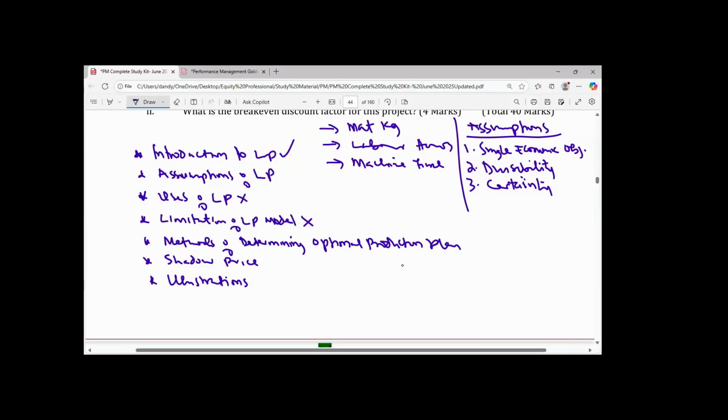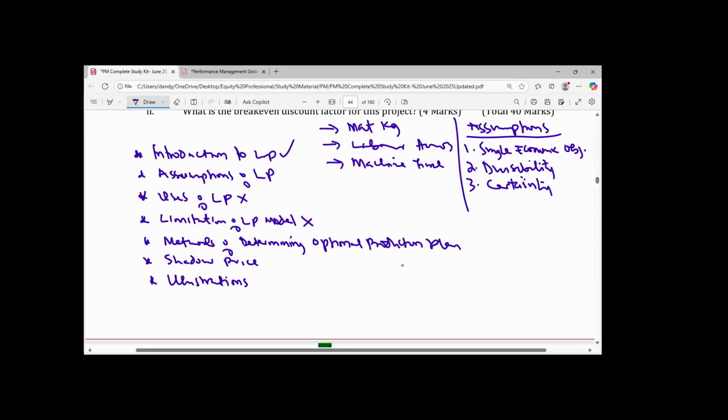So what we are saying is that before you go into production process, you must know how many kilograms of material you need, how many labor hours you need, how much machine time will be required. You need to know it in advance and with certainty, the quantity that you are going to use for your production. That is what certainty is talking about.